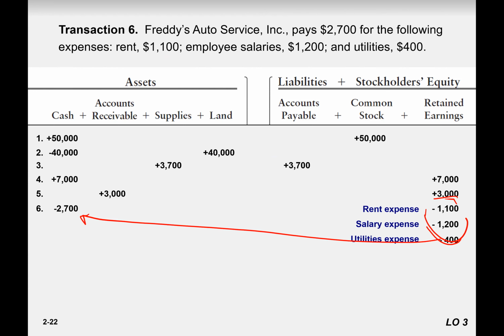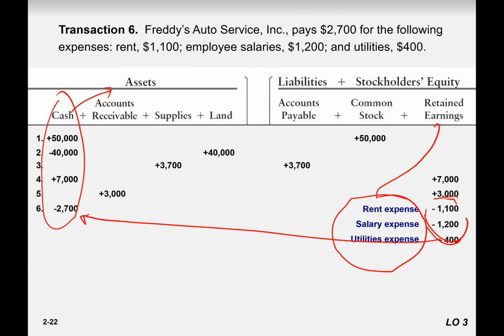Cash is separate from expense. Cash is a separate account and an asset account. Expenses are a separate account but under retained earnings, and retained earnings is a separate account to measure owners' equity. Cash is a separate account to measure asset activities. Understand?